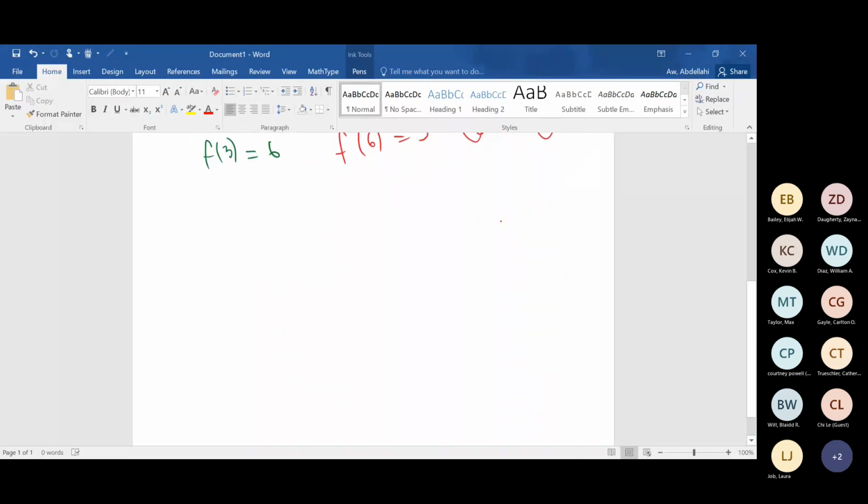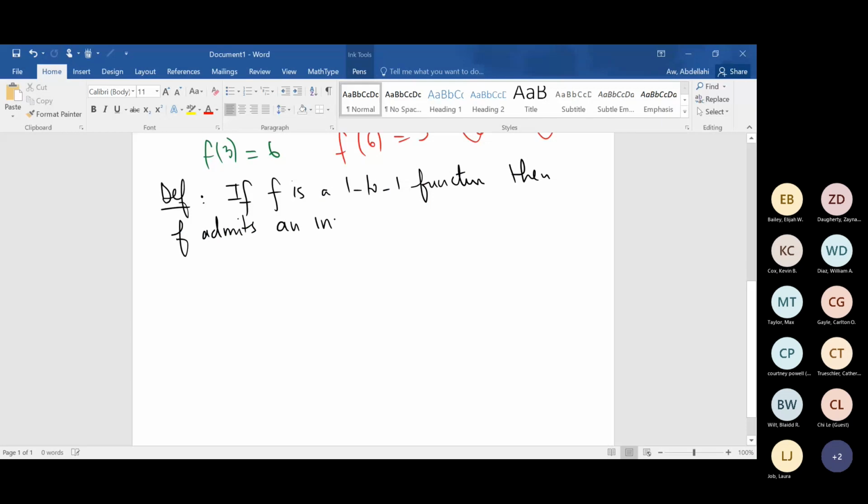Okay, so now let's define the inverse of a function. If f is a one-to-one function, then f admits an inverse function, noted f minus 1.